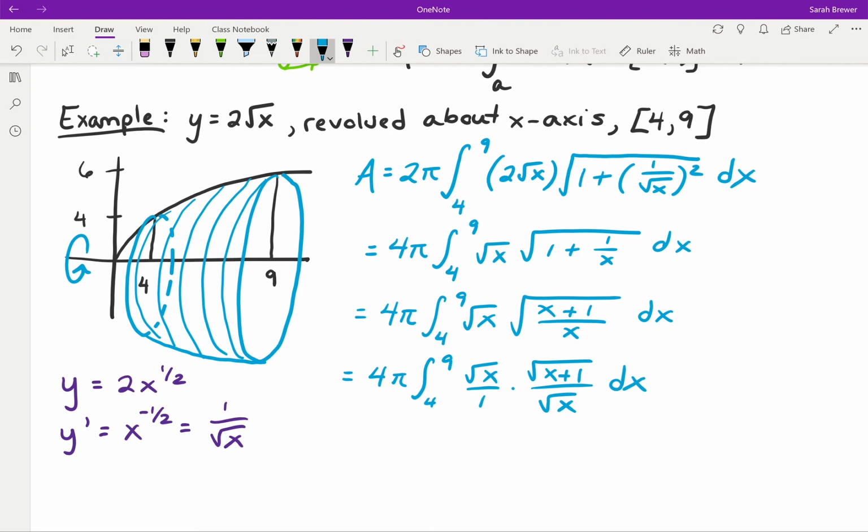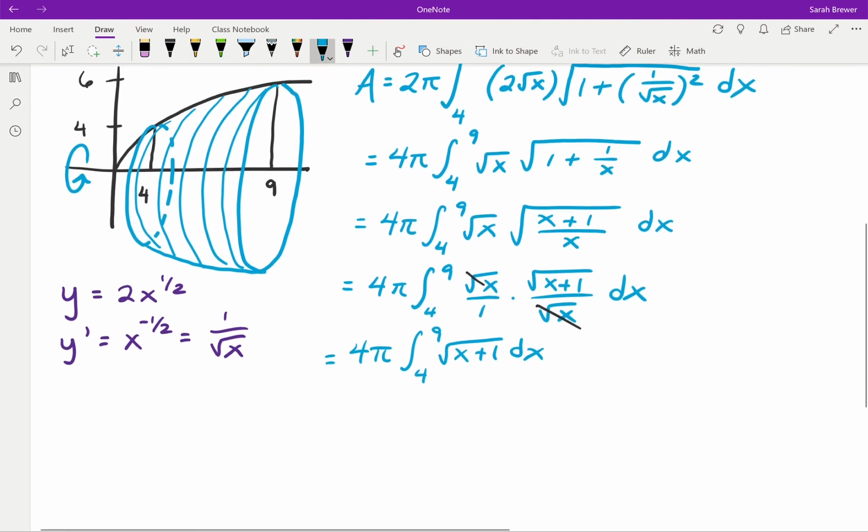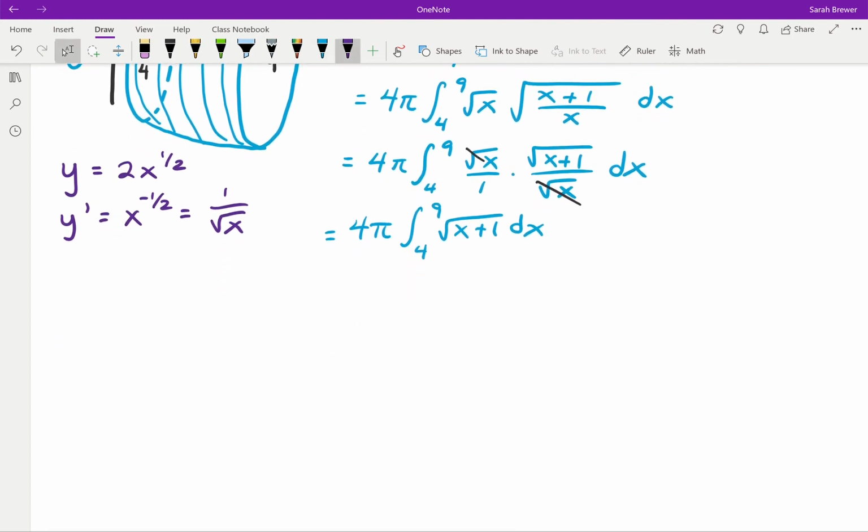So my radical x's are going to cancel, and this thing's working out super, super nice. So we have 4 pi times the integral from 4 to 9 of the square root of x plus 1 dx. So super, super simple integral to compute.